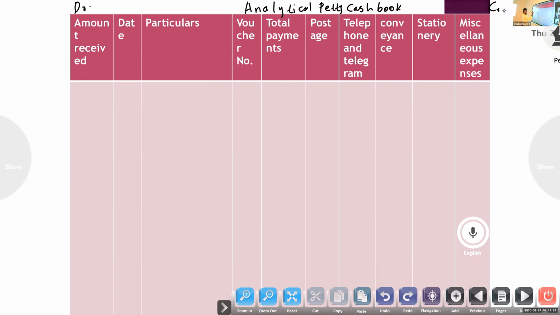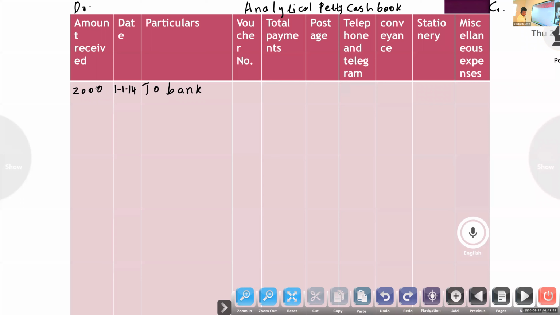So the date will be 1st January, 1/1/14. To bank, petty cash account to cash account, 2000.